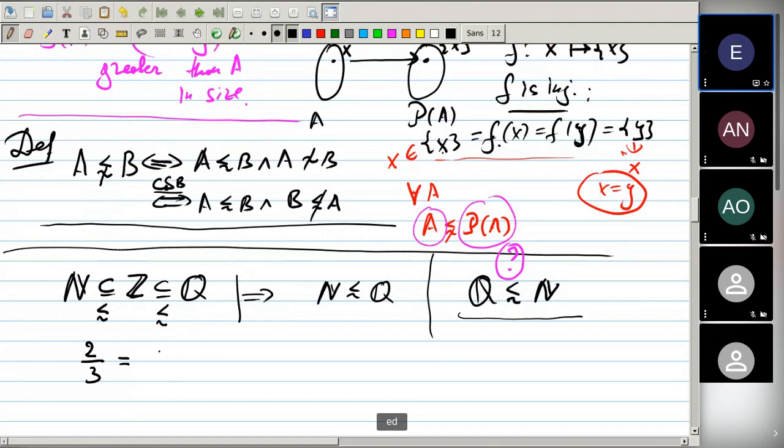You are. And what do you think about another rational, say 4/6? What is it? Is it something else or the same number? It's the same. Yes, it is the same number, but another name for the same number.